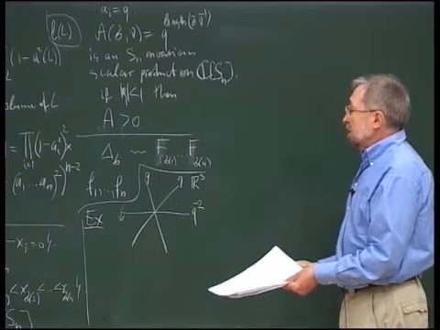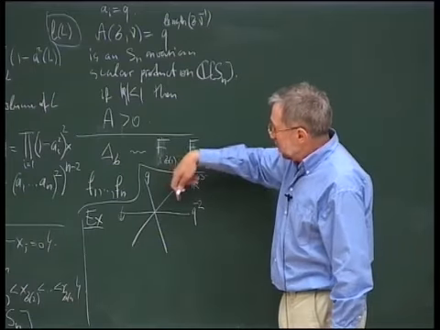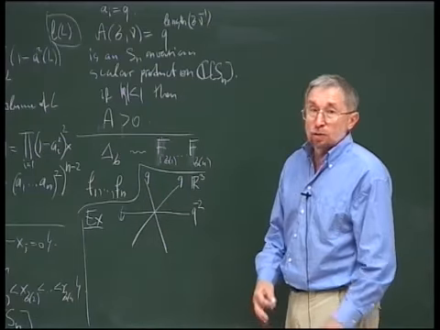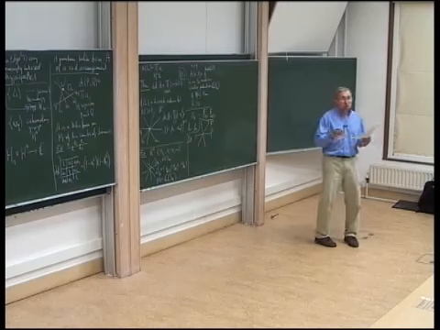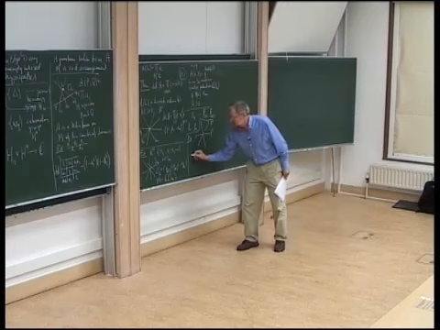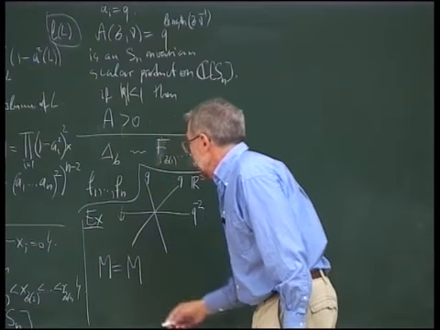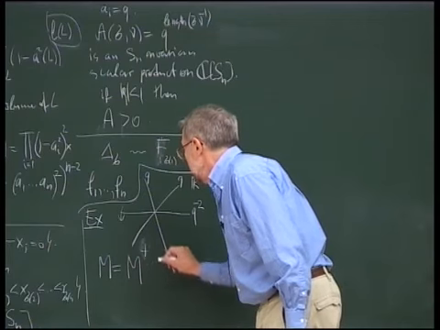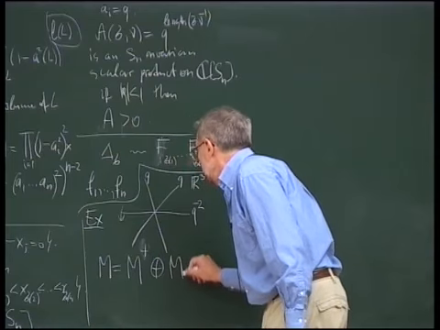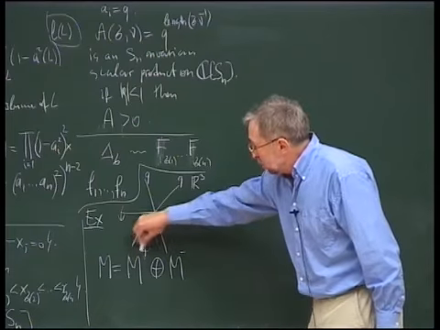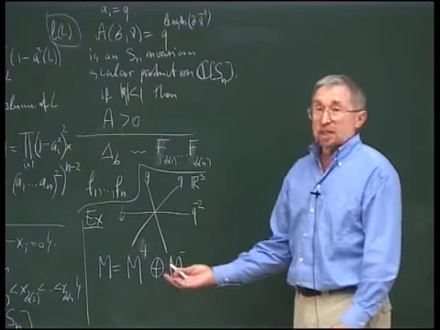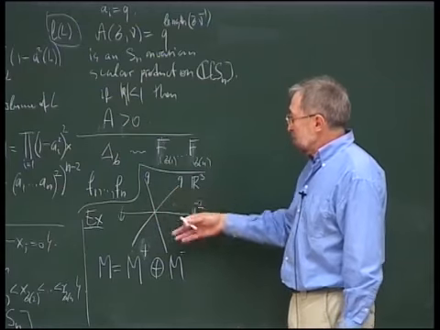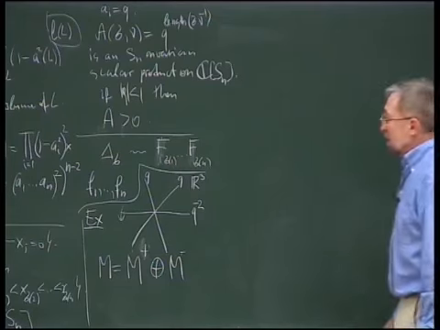And so in such a case, we may split the 6-dimensional space of linear combinations of domains into 2 subspaces, invariant subspaces and skew-invariant subspaces. So M will be equal to a 3-dimensional symmetric subspace and a 3-dimensional skew-symmetric subspace of domains. And the scalar product of domains of different type will be 0, because one is multiplied by 1 under the reflection, the other is multiplied by -1, so the scalar product must be 0.